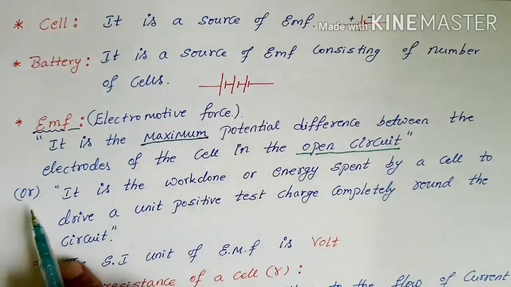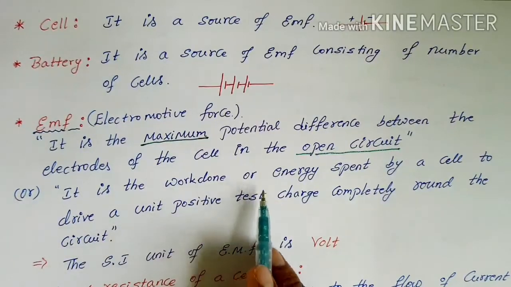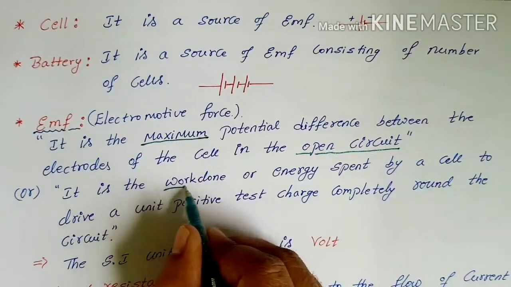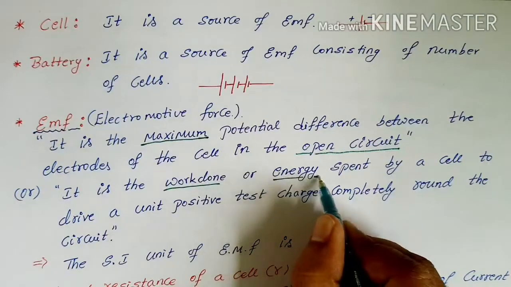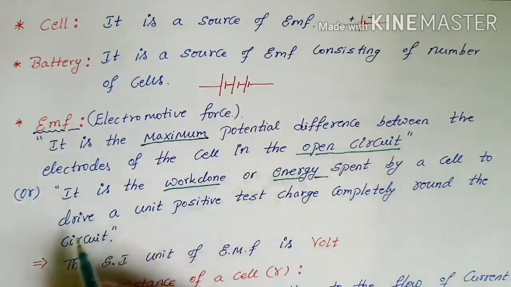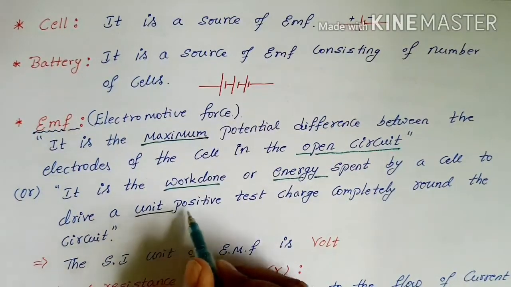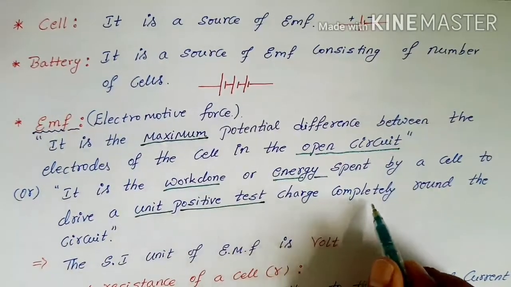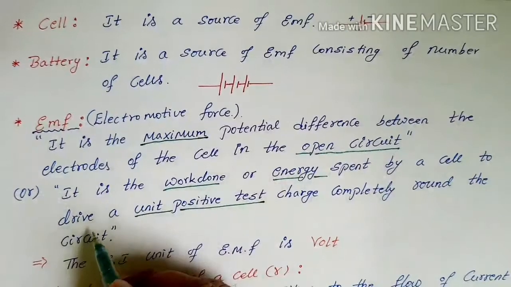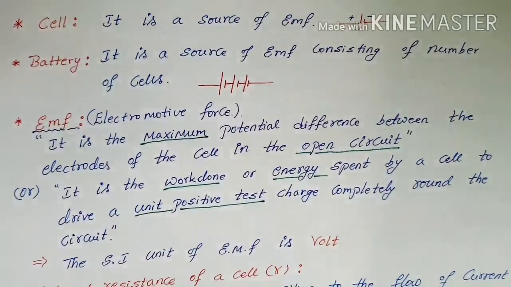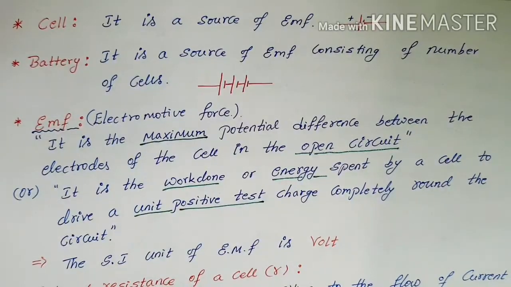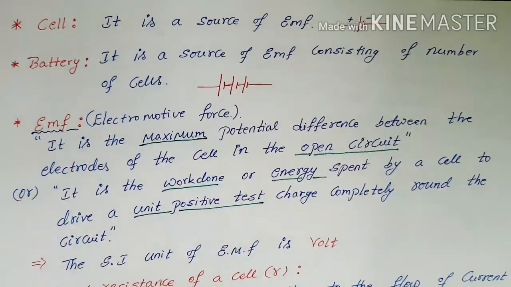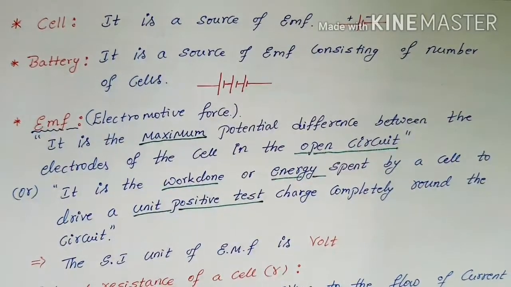Or we can also define it like this: it is the work done or energy spent by a cell to drive a unit positive test charge completely round the circuit, which looks very similar to the potential difference V is equal to W by Q, right? So this definition is the EMF.